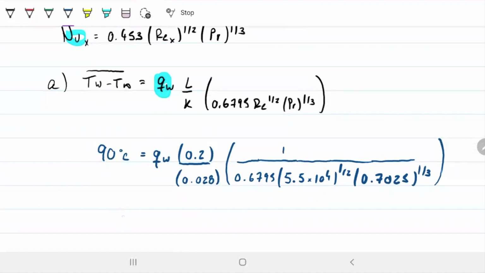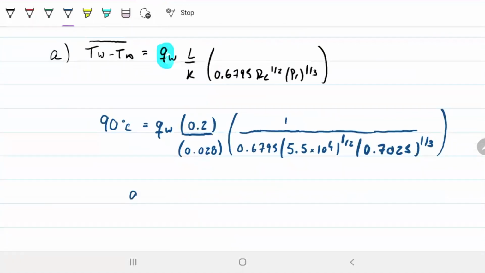Okay, so if I'm solving for my little q, lowercase q, I get 1,784 watts per meter squared. I'll leave it to you guys to check the units on this afterwards. So that will be our first answer for A.